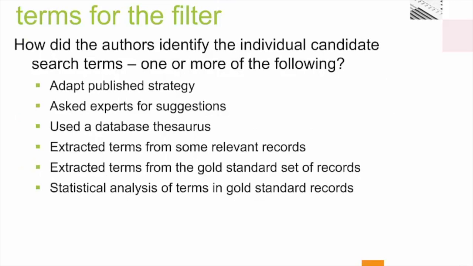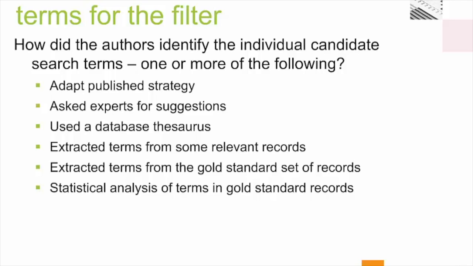So the next issue around design is how the search terms in the filters were developed, and the ways that authors identify search terms to go into filters can be achieved in many different ways, and these are just some of the things that you see in search filter papers.